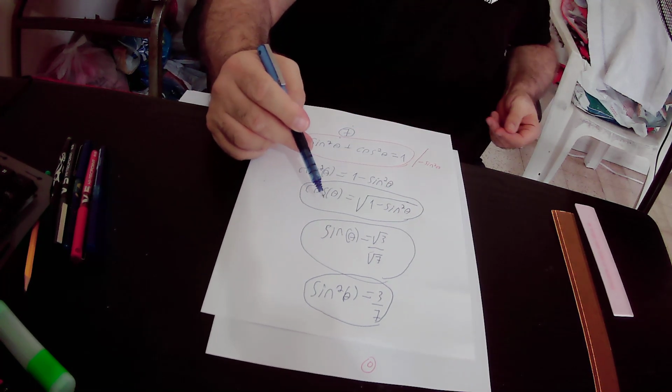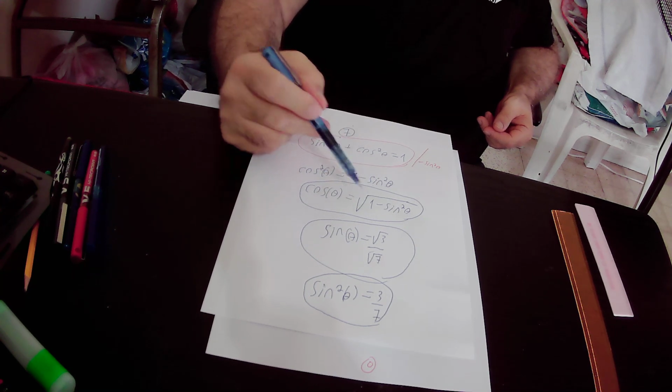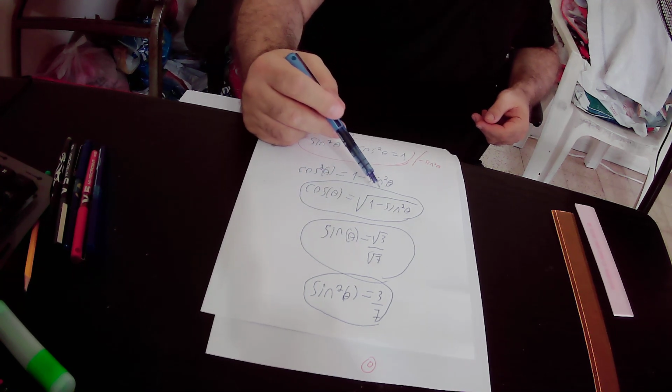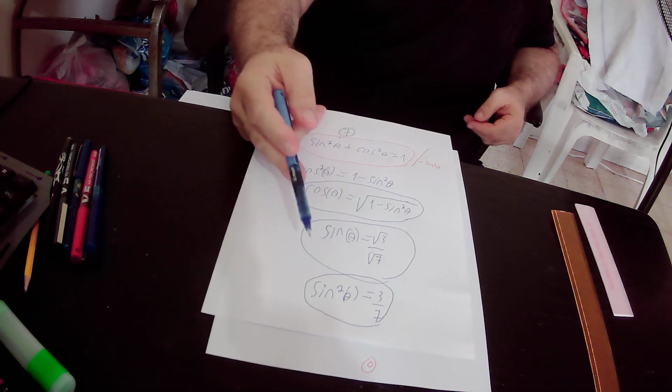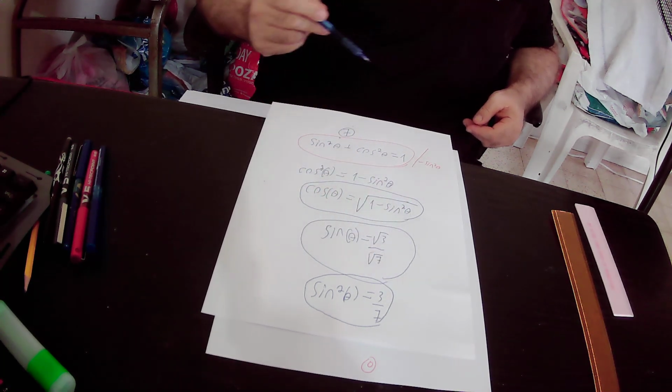So we can substitute sinus theta squared in this equality by 3 over 7, because sinus theta squared equals to 3 over 7.